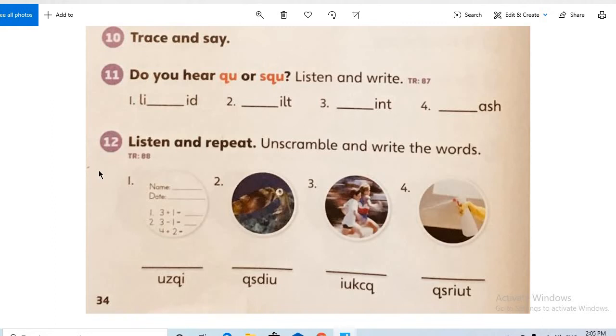Unscramble and write the words. 1. Quiz. 2. Squid. 3. Quick. 4. Squirt.